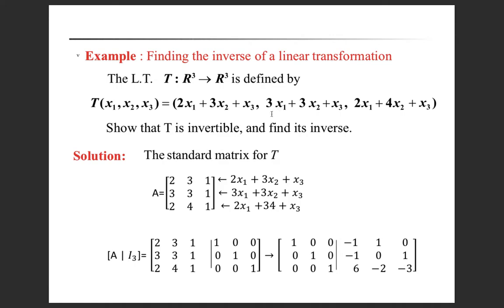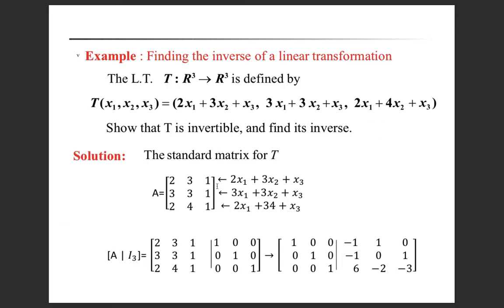So first of all we will write the standard matrix. With respect to the usual basis, we can directly write the standard matrix by writing the coefficients of x1, x2, x3 of the first vector in the first row, the coefficients of x1, x2, x3 of the second vector in the second row, and the coefficients of 2x1 plus 4x2 plus x3 of the third vector in the third row.